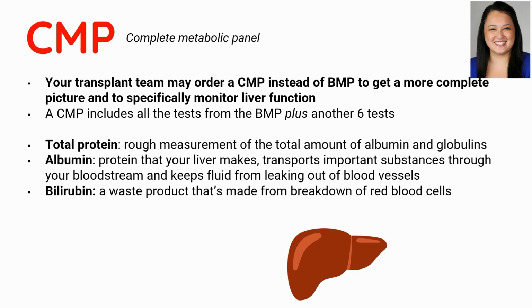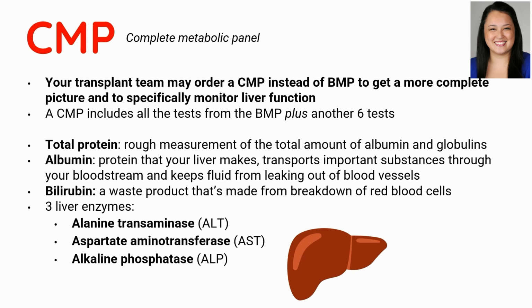or liver dysfunction. And then lastly, we have 3 liver enzymes. Enzymes are substances that act as a catalyst to allow certain bodily processes to happen. So the main ones are alanine transaminase and aspartate aminotransferase, but these are very commonly referred to as ALT and AST.